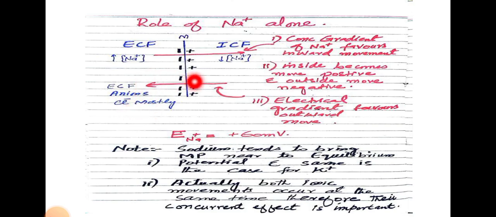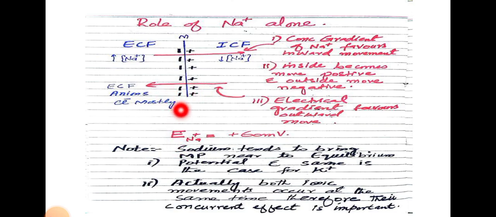When sodium ions move inside, they take their positive charge with them, and negative charges are increasing on the outside. Outside is already positively charged. When net inward movement occurs, more positive charges are on the inside. So the electrical gradient for sodium is from inside towards outside, because similar charges repel each other.